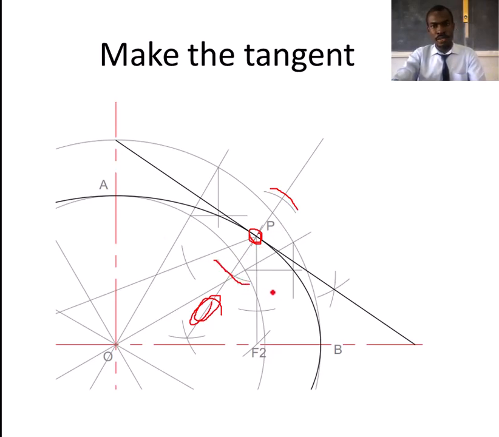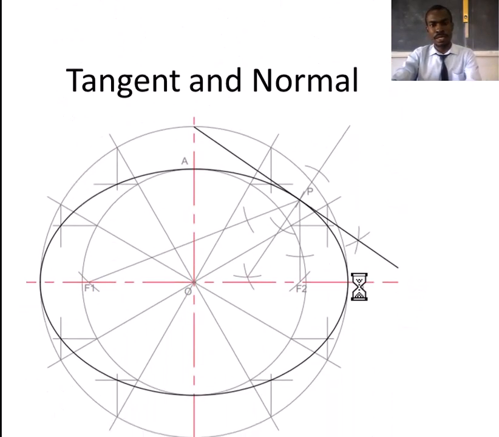Once you do that, you extend the radius of your compass. After extending the radius of your compass, you stand at this point where we just cut, strike an arc, stand at this point where we just cut, strike an arc. Where those two arcs meet, you draw a line passing through point P, passing through the point you've just cut. If you extend the line this side and the other side, you have a tangent.